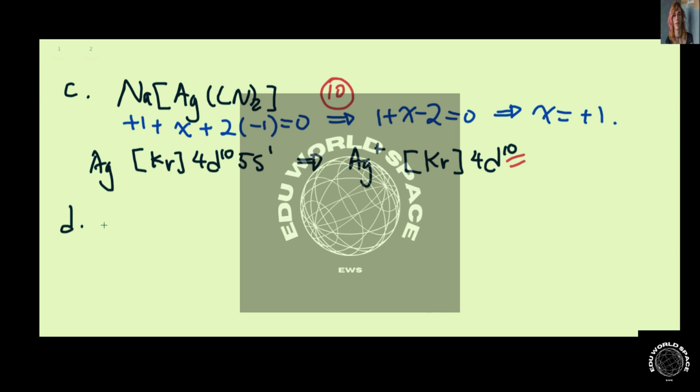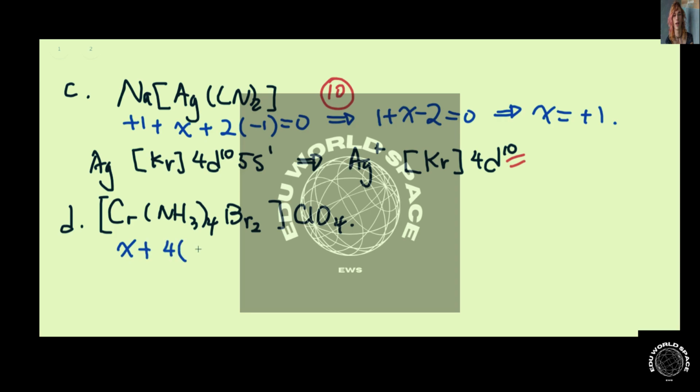Part D, we have [Cr(NH3)4Br2]ClO4. Alright, so the oxidation state for chromium is X, the oxidation state for NH3 is 0, 2 times the oxidation state for bromide is negative 1, plus this ClO4 is negative 1, that will be equal to 0.